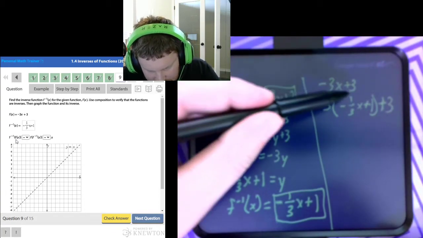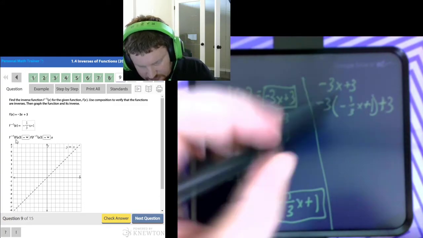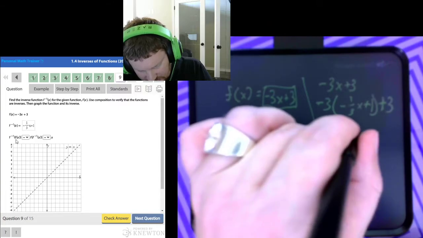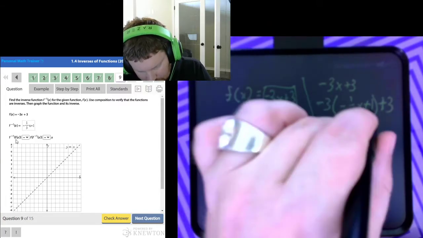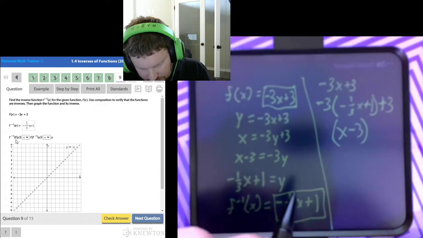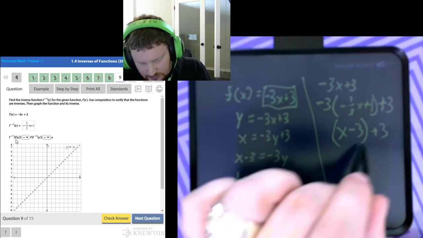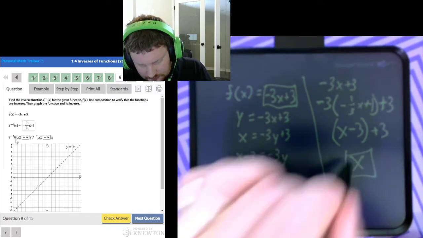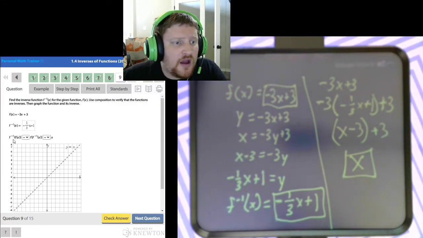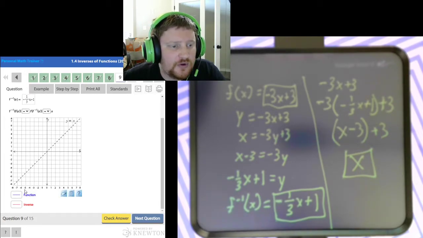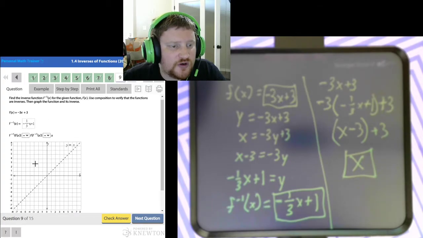Negative 3 times negative 1/3 x is just x. Negative 3 times 1 is negative 3. So I distributed my negative 3. Bring down the plus 3. X minus 3 plus 3. So f inverse of f of x equals f of f inverse of x, which equals x. So we've proven it. So let's graph our function first.